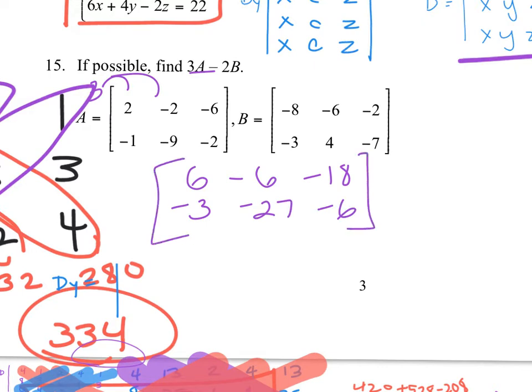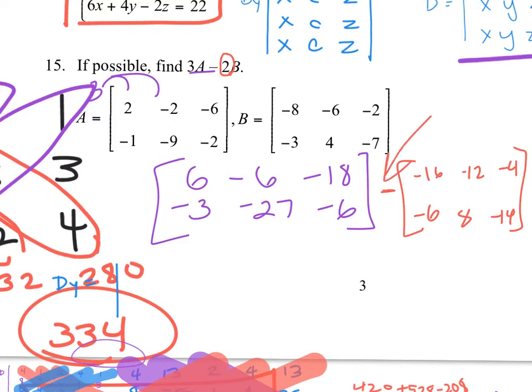And then I'm going to do 2 things. One is I can multiply in a positive 2 and keep the minus between them. So if I did that, this would be -16, this would be -12, this would be -4, this would be -6, this would be 8, and this would be -14. So if you multiply in the positive 2, then the negative stays between them.